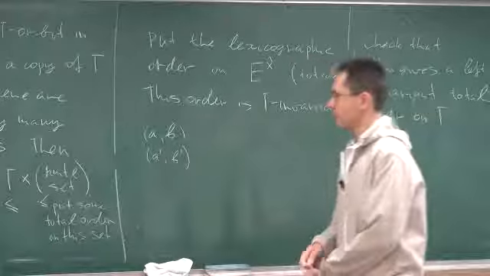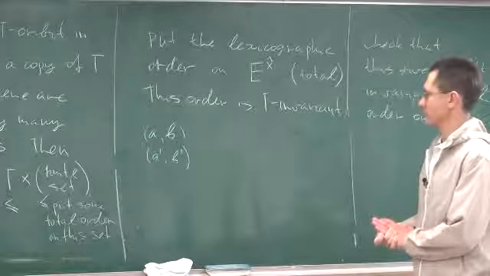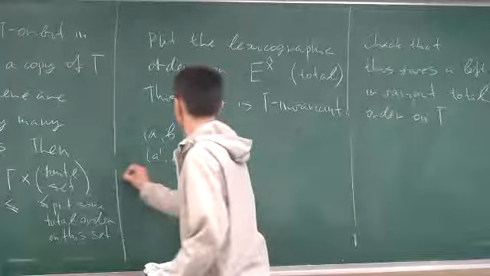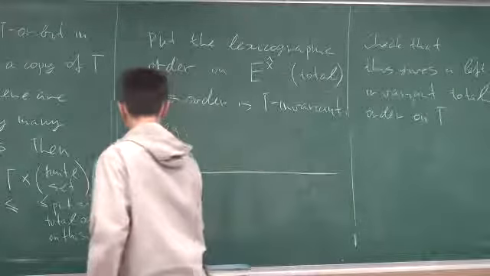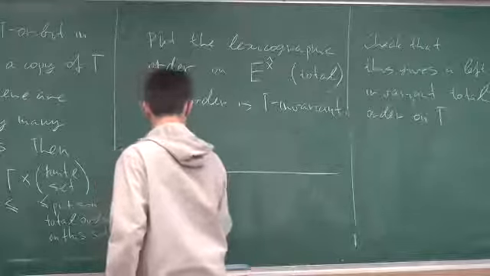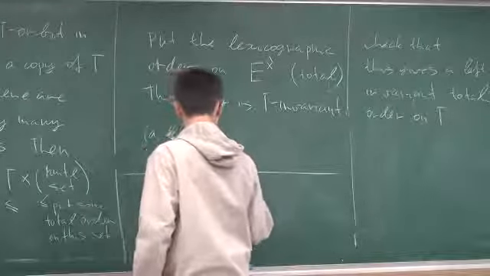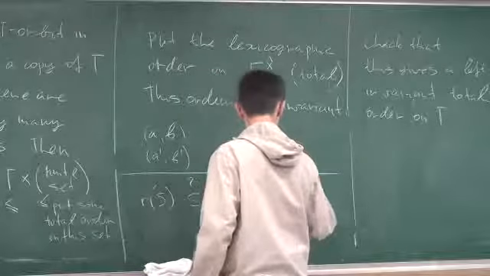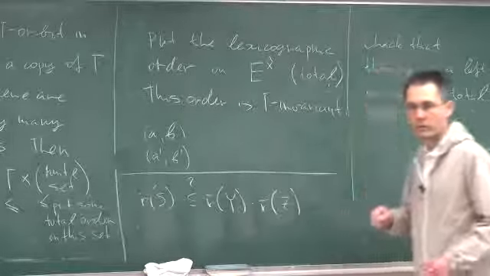And after we have this gamma invariant order, what's the idea of proving the Hahn-Neumann conjecture? You remember we want to show that the reduced rank of S is at most the reduced rank of Y times the reduced rank of Z. That is the goal.